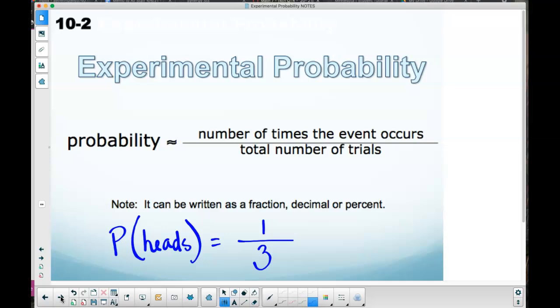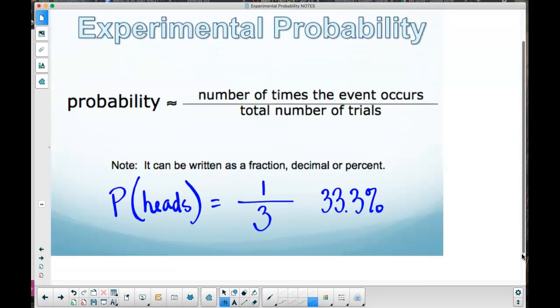We're not going to write our answers as fractions. We're going to write them as percents. Okay, so what percent would that be? Take your calculator and do 1 divided by 3. What percent is that? Caleb. 33.3%. So 33.3% of the time I got heads.